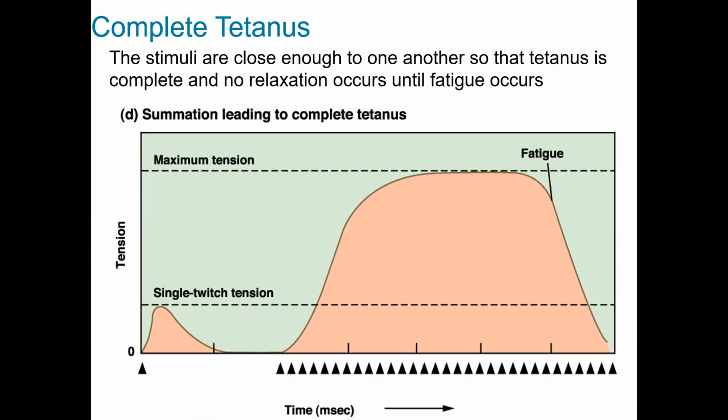When we are putting forth maximum effort in our muscles, by increasing the frequency of the stimulus to the muscle cell, we will generate what we call wave summation or temporal summation, temporal meaning over time, so that we max out the strength of the muscle. And this is called complete tetanus. Of course, it doesn't last very long because our muscles rapidly fatigue and let go.